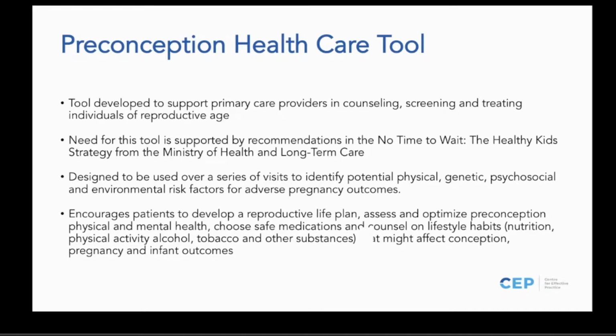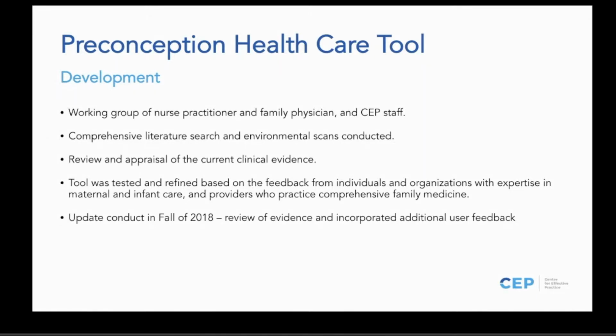It's designed to identify potential physical, genetic, psychosocial, and environmental risk factors for adverse pregnancy outcomes. It's also designed to help the provider encourage their patients to develop a reproductive life plan, and if they are wanting to get pregnant, to optimize their preconception health and identify those areas that might affect conception, pregnancy, and infant outcomes.